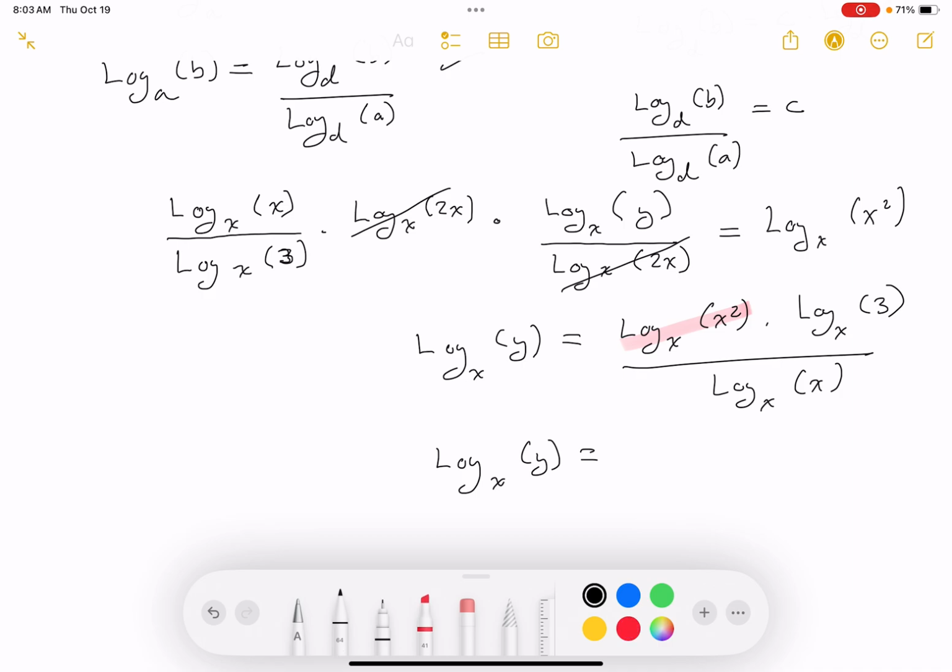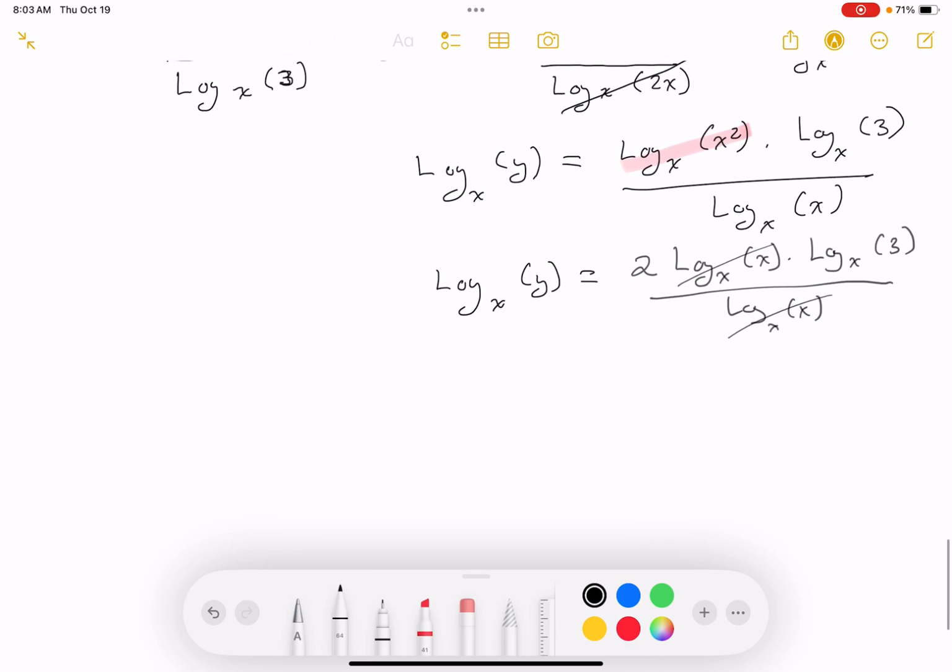Again, remember x is greater than 0, so it's kind of easy to do. This would be 2 log base x of x times log base x of 3 over log base x of x. Well, these are going to cancel out. That's not so bad. Let's keep doing this.